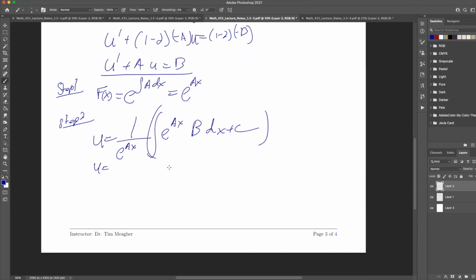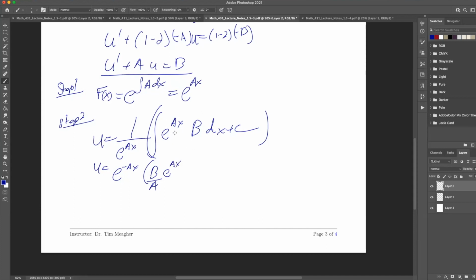So u is equal to e to the minus ax times the integral of e to the ax times b, which is b over a, e to the ax.